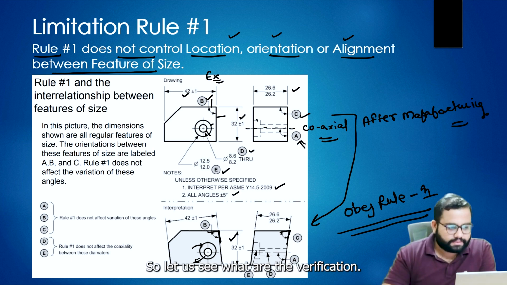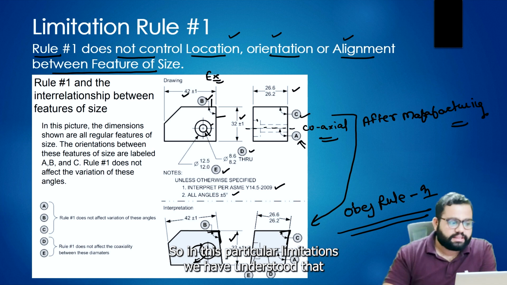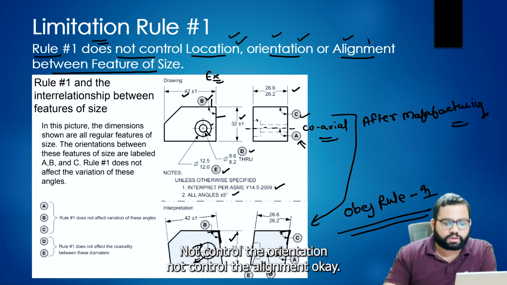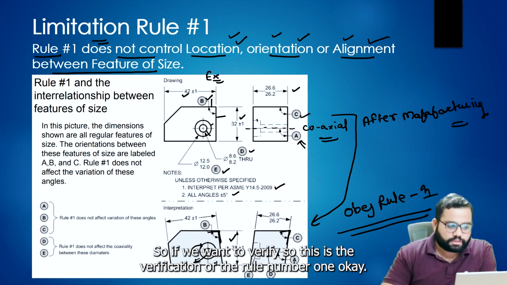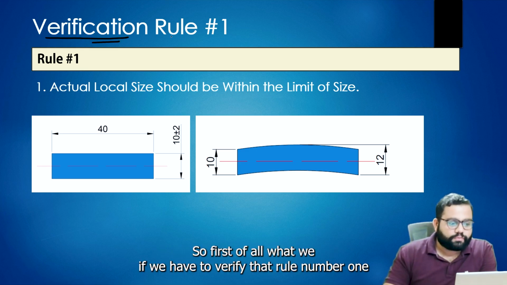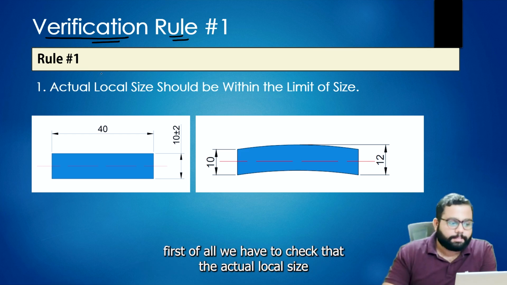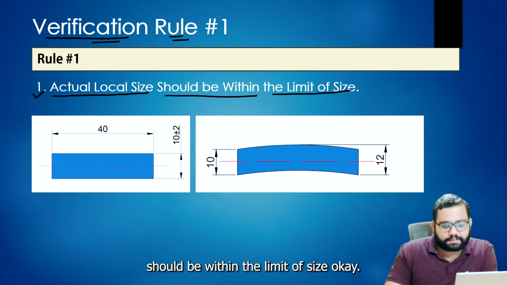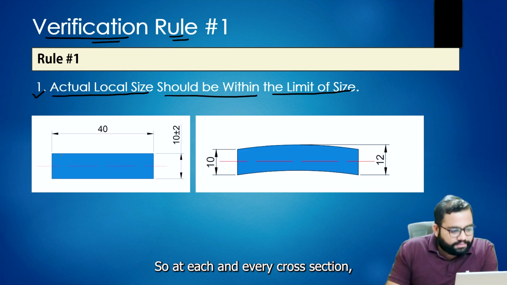Let's see what the verifications are. In this limitation we have understood that this does not control the location, the orientation, or the alignment. If we want to verify rule number 1, first of all we have to check that the actual local size should be within the limit of size, at each and every cross section.